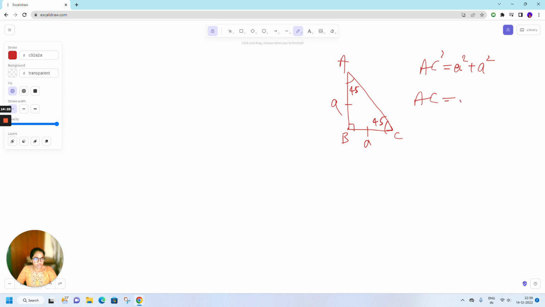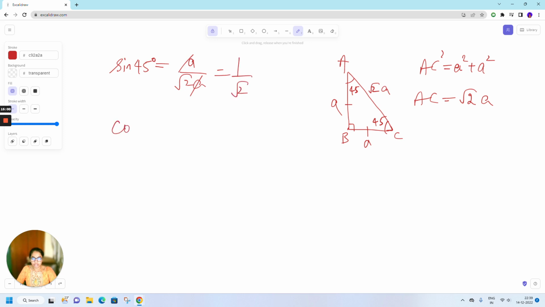So AC is equal to root 2 into A. Now if I find sine 45 degree, I can take any angle at A or C. Let me take it at C. If I observe at this 45 degree, the opposite is A, divided by the hypotenuse. Hypotenuse is root 2A. So A and A get cancelled and I would get 1 divided by root 2.